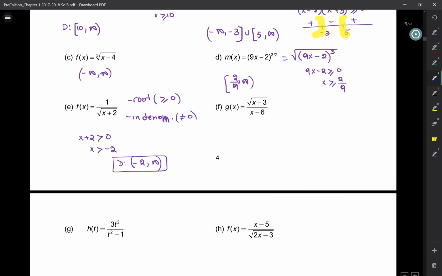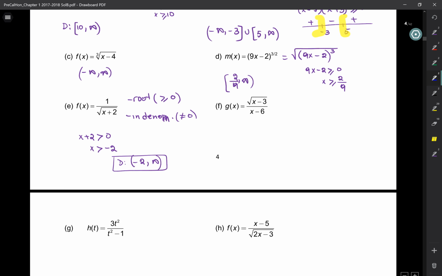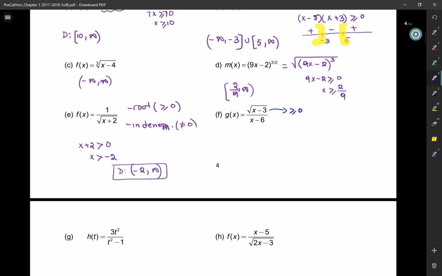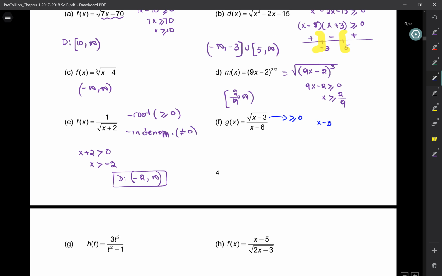Take a look at this one now. The numerator has to be greater than or equal to 0. The denominator cannot equal 0. So here x minus 3 has to be greater than or equal to 0. So x is greater than or equal to 3.